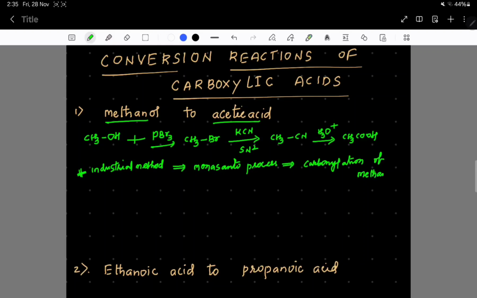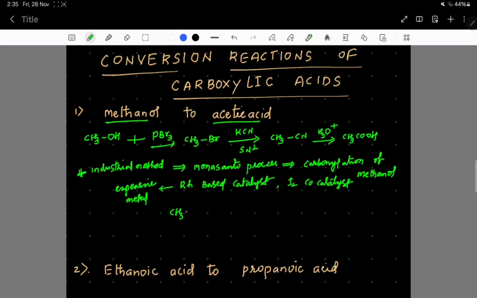In this reaction we are using a rhodium based catalyst, an expensive metal, and we are using I2 as a co-catalyst.